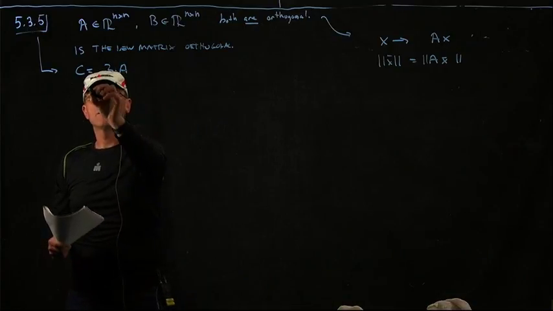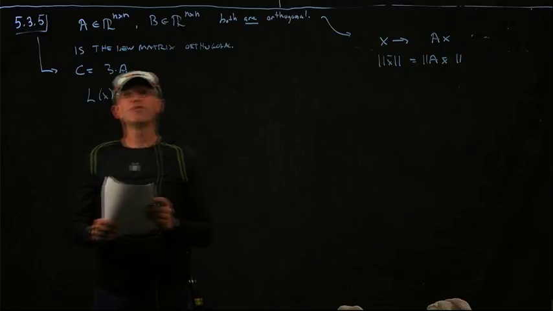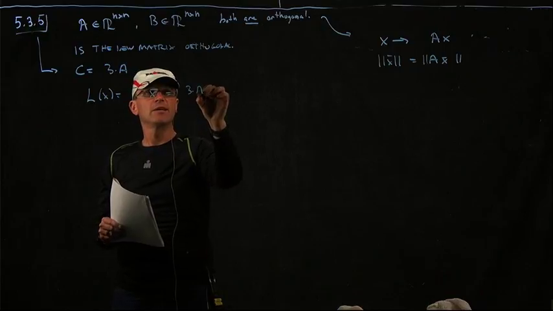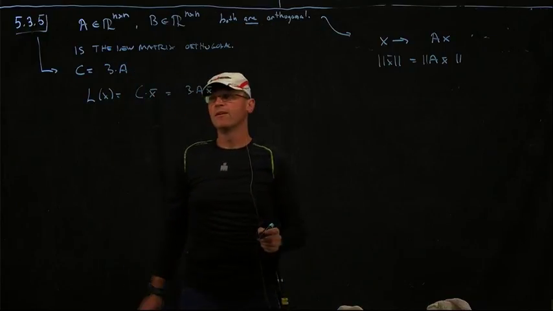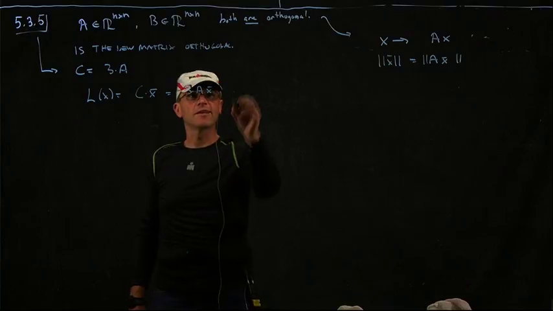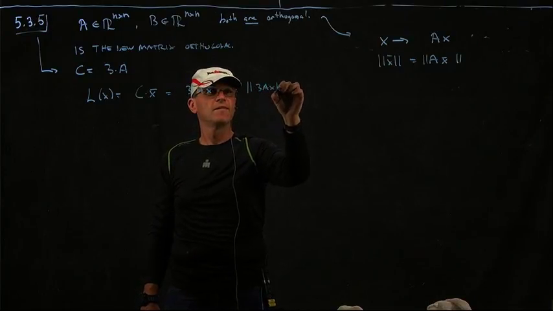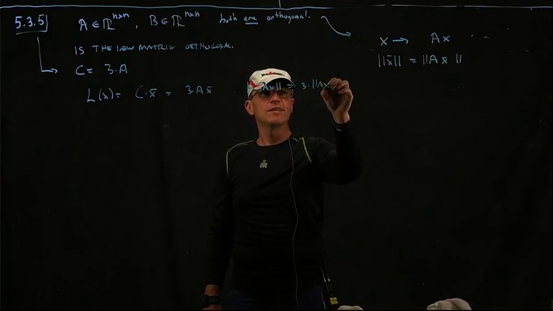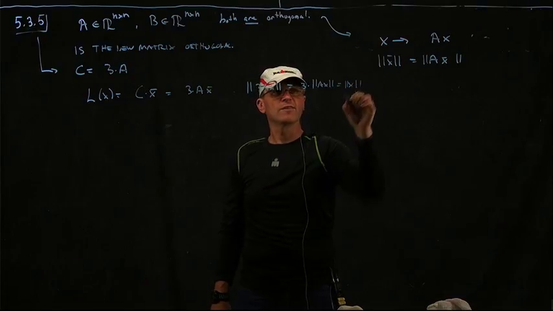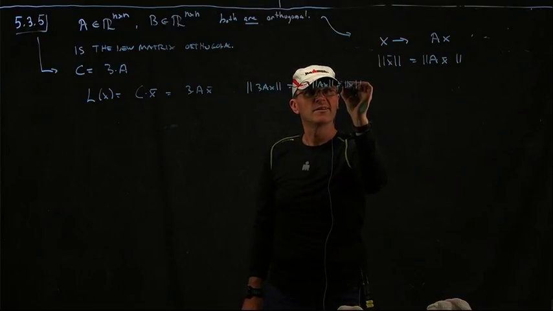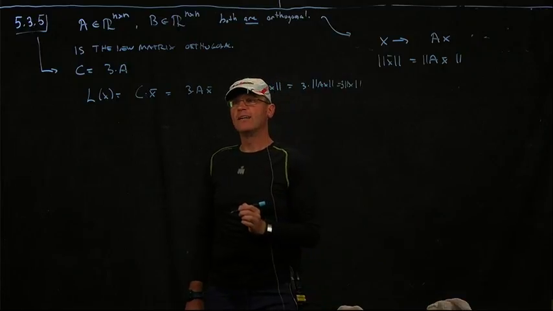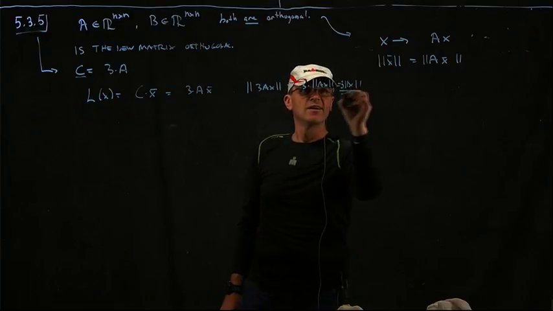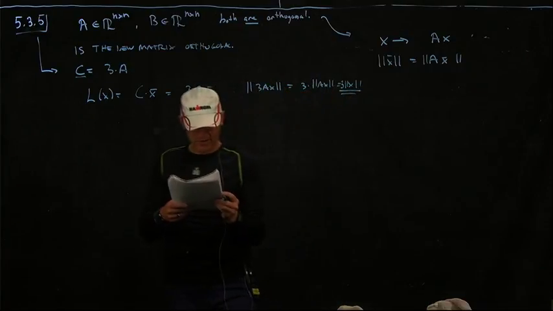So then we think about the linear transformation given by C. Well, that is 3 times A times x, and then we take the length of that. We're just multiplying by a constant, so that is 3 times the length of Ax, which equals 3 times the length of x. Don't lose the 3, or you run into big trouble. So when we use the C matrix as a linear transformation, we're extending the length of the vector by a factor of 3.